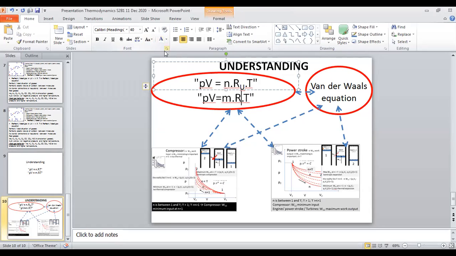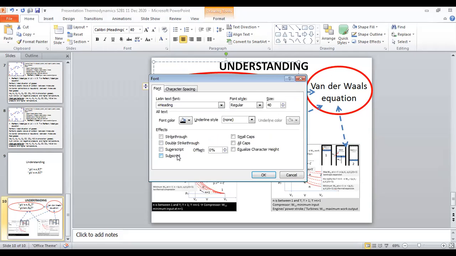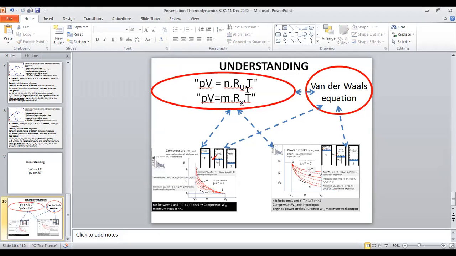And here, let me put R_S at the moment. So I prefer to do this way.